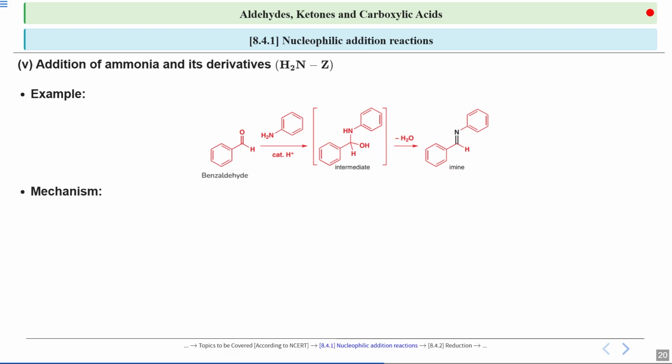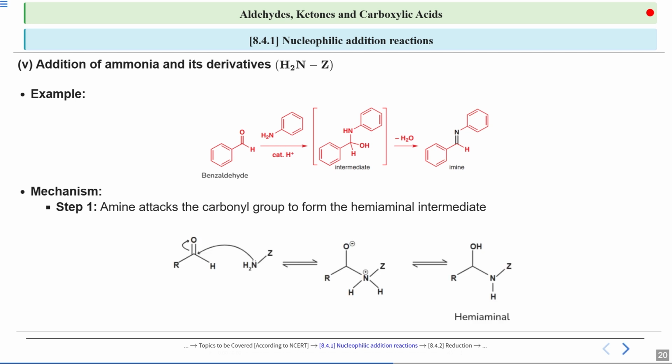If I look at the mechanism, the first step is that the amine, which is a nucleophile, attacks the carbonyl carbon. This results in the formation of the hemiaminal intermediate. As we see, this hemiaminal intermediate is not the final product. It undergoes further changes.